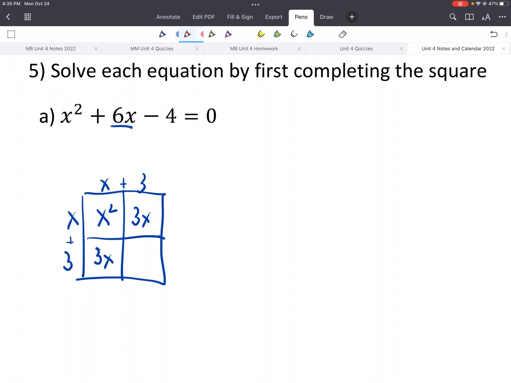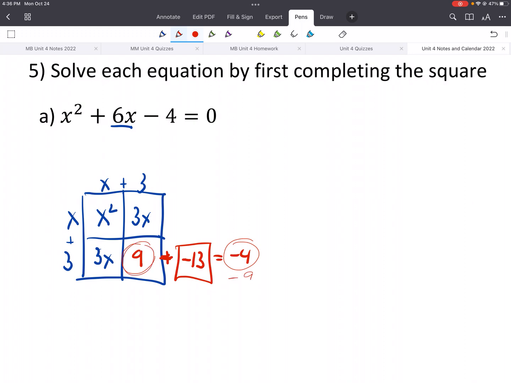And then we have to complete the square, so that gives us 9, but we don't want 9, we want it to be equal to -4. So what would we need to do? We need to subtract, I think, 13. If it's helpful, really all we need to do is take whatever's this minus whatever that is.